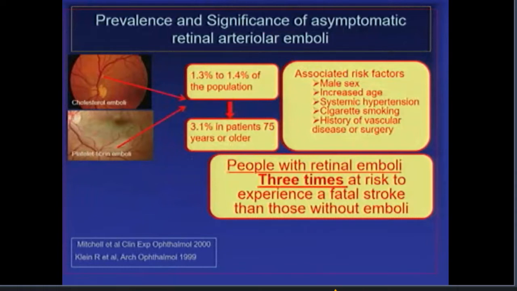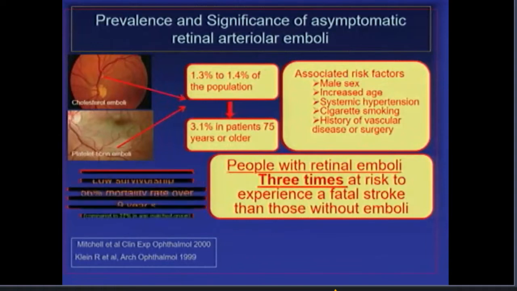If we look at the associated risk factors, males are more prone, increased age, systemic hypertension, cigarette smoking, and history of vascular disease or surgery. People with retinal emboli are at 3 times the risk of experiencing a fatal stroke compared with those without emboli. So the presence of emboli usually leads to increased risk of fatal stroke.